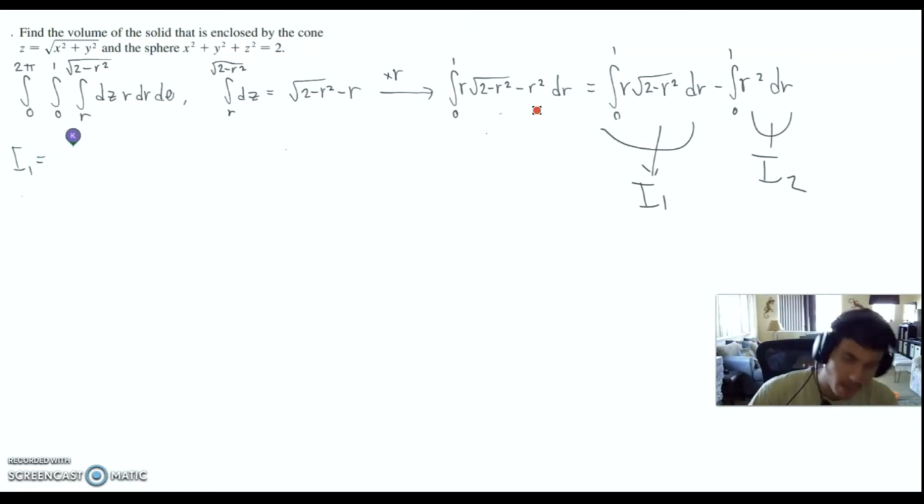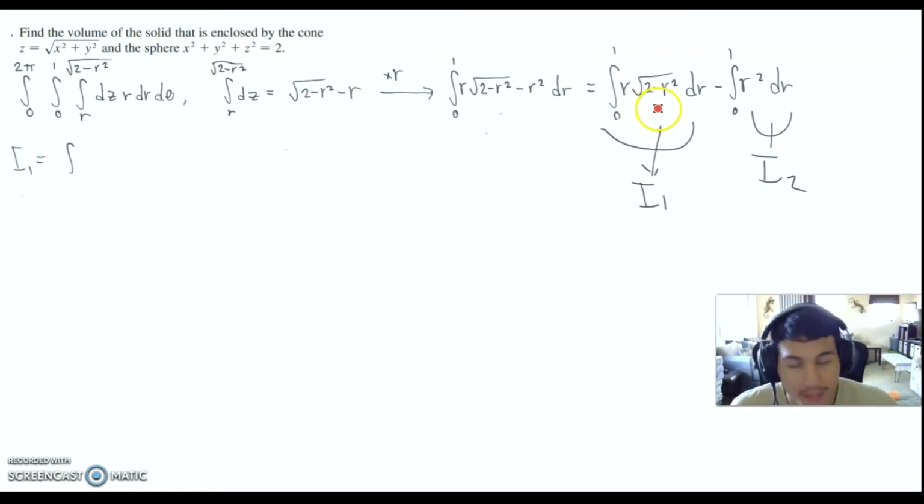Okay, I think everyone here can see that you're going to have to do some sort of substitution, or else it's going to be kind of a harder thing, not a harder integral, right? If you don't do the substitution. Now, if you're thinking about it, what do you want to get rid of? You want to get rid of that r in front, right? That's kind of making our life a little bit hard.